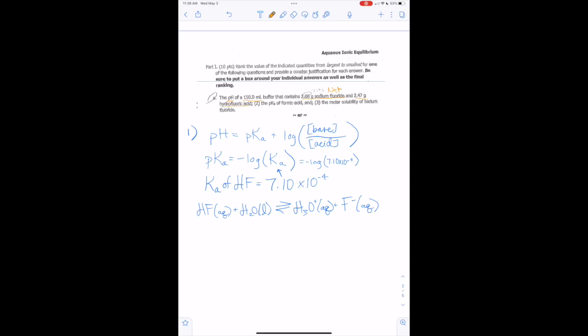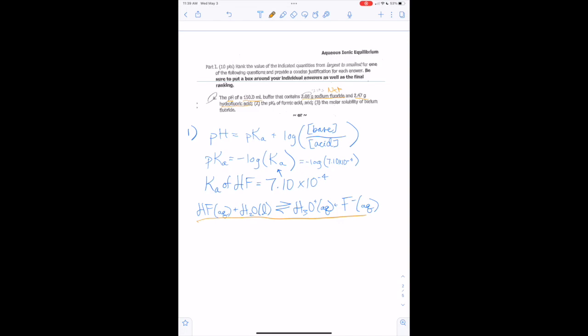So what I notice here is that my buffer equation is going to be hydrofluoric acid and F minus. That sodium ion we can totally disregard. It's just a spectator ion because NaF fully dissociates. So this is going to be my buffer equation. Now I'm looking for the pH, so I'm going to use the equation pH equals pKa plus log of concentration of base over concentration of acid.